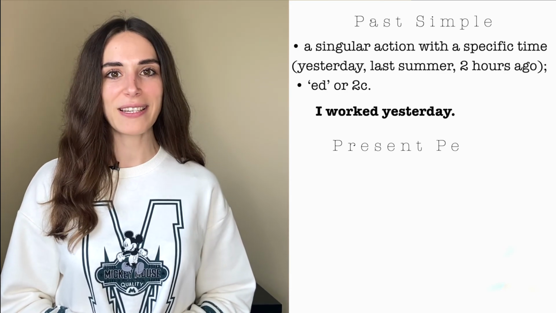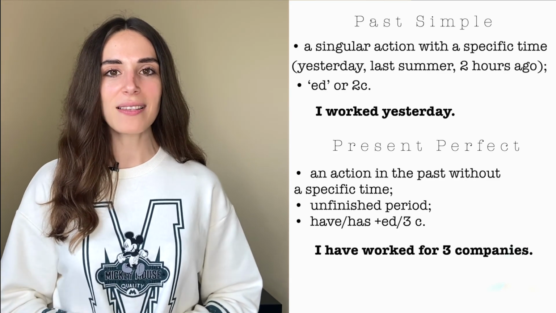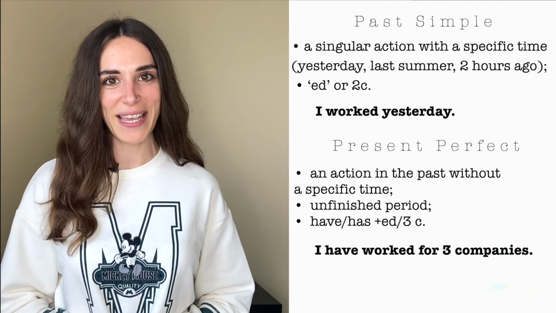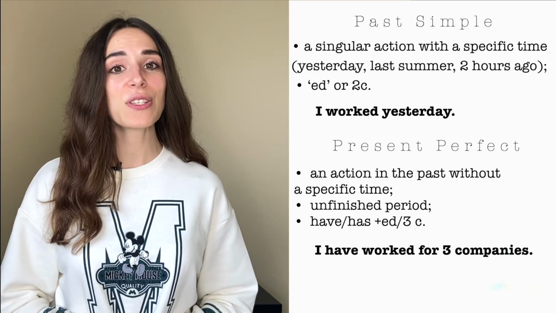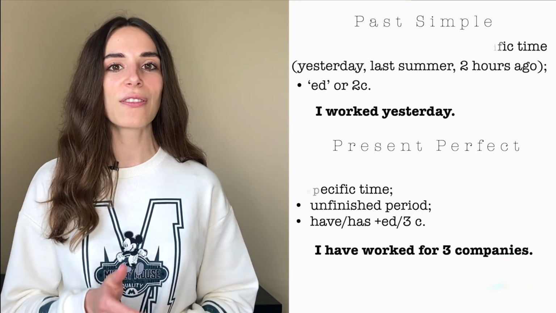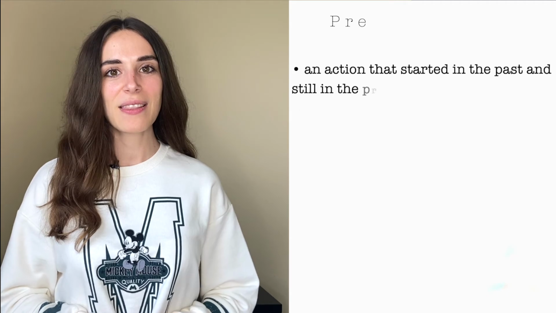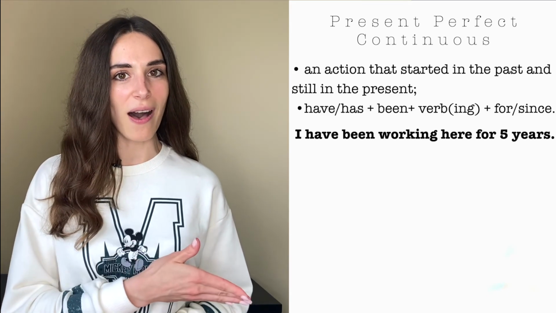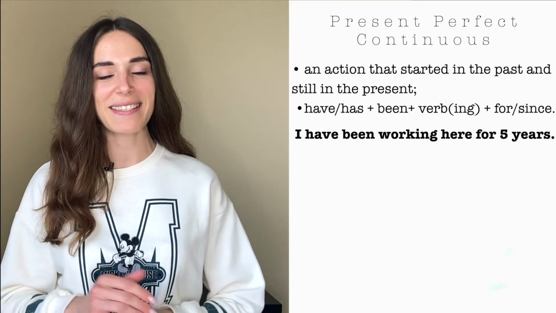The present perfect tense: an action in the past without a specific time, plus an unfinished period. Today, this week, this year. Have/has plus -ed or the third column of verbs. The present perfect continuous tense: an action that happened in the past and is still in the present.